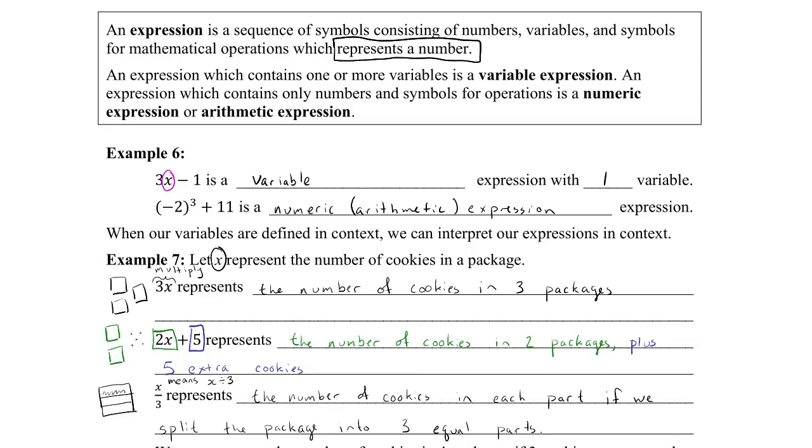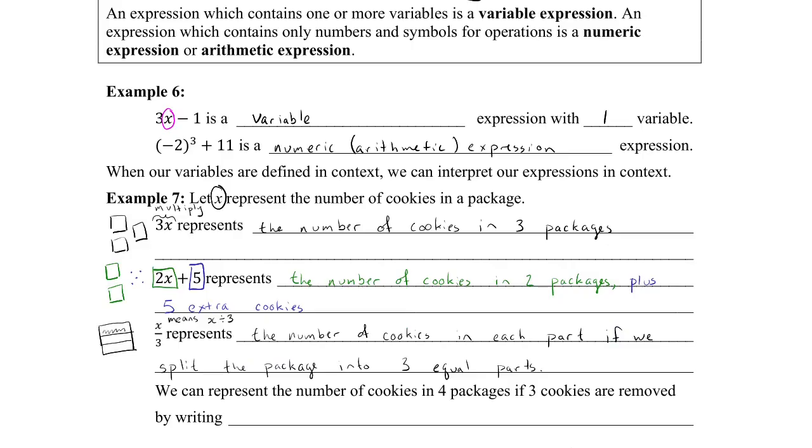We can also go the other way. We can create expressions to model things in the real world. So for example, if we have 4 packages of cookies and then 3 cookies are removed, right? So here I've got 4 packages of cookies and then 3 cookies are removed.